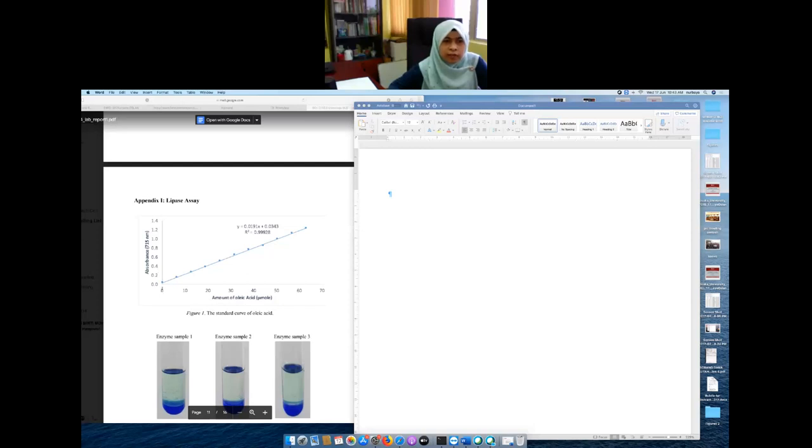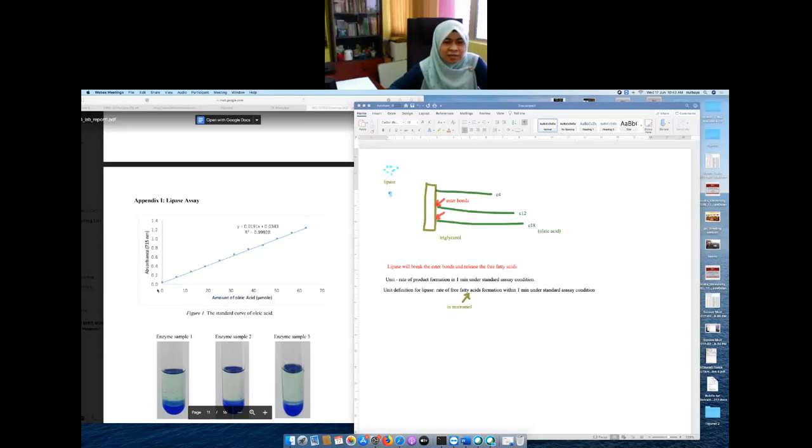If you can see here, this is the free fatty acid standard, the amount of oleic acid, and the absorbance at 715.